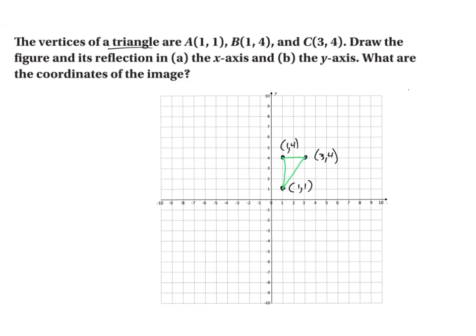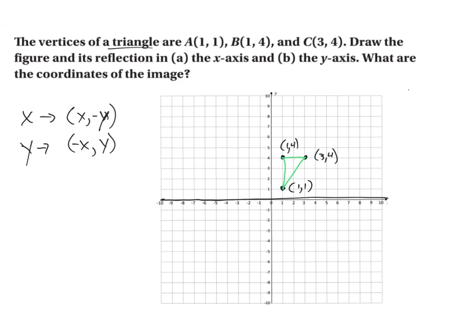Just remember reflecting across the X, it goes negative Y. And reflecting across Y, we would just change the X and keep the Y. So let's do that. We're going to reflect across this X, so we're going to change our Y's.